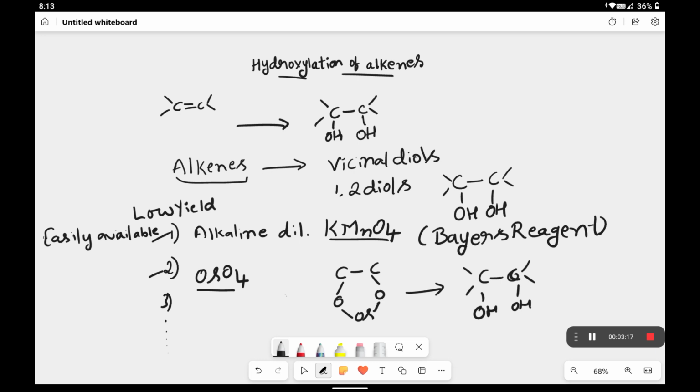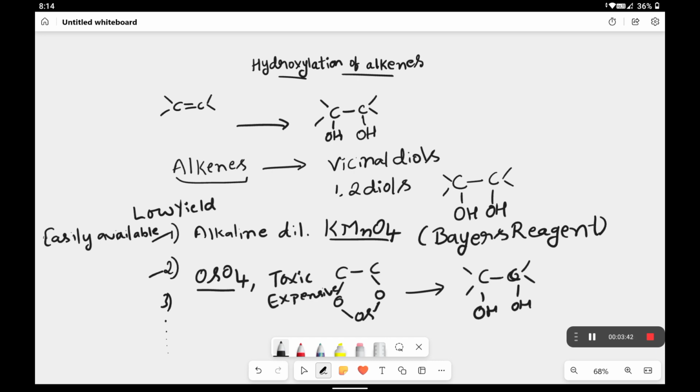When it comes to osmium tetroxide, of course it offers a very good yield compared to potassium permanganate. The disadvantage is that it is highly toxic in nature and it is a highly expensive reagent. So these are the advantages and disadvantages of these two reagents.